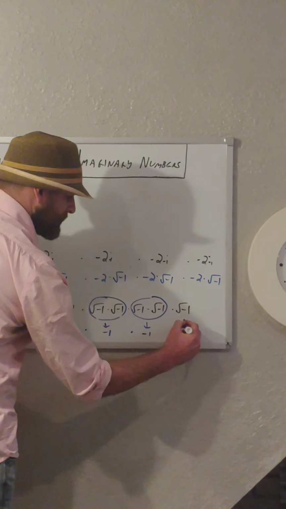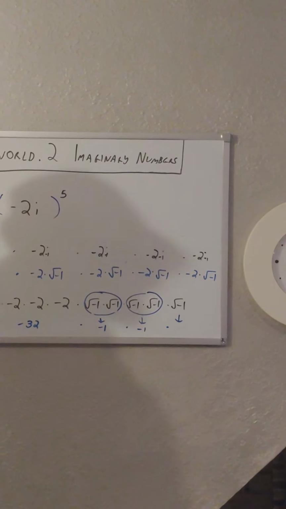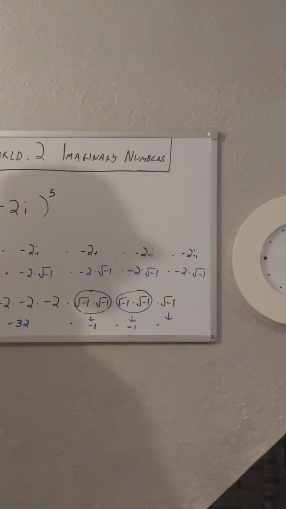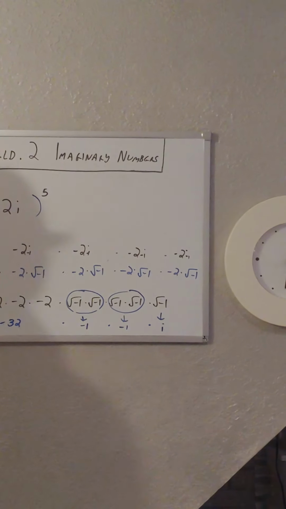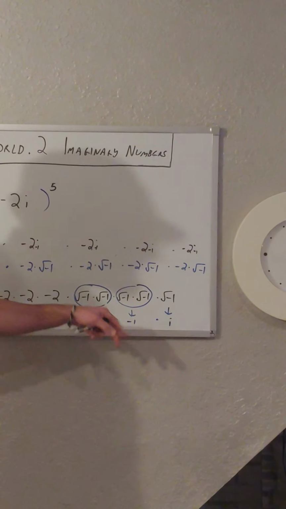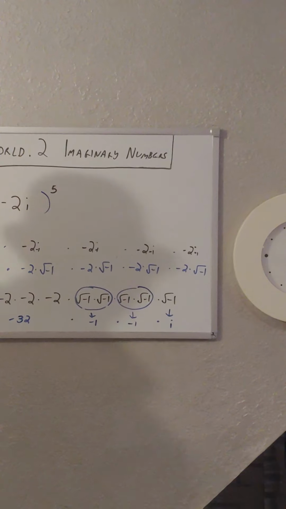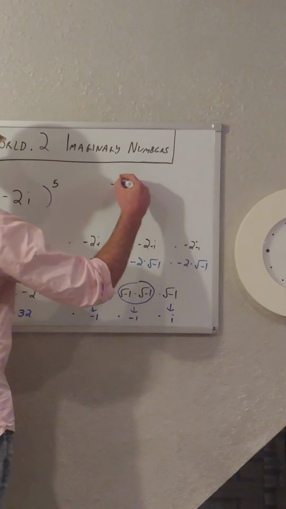And who remembers what to do with this when there's only 1 left over? Change it to i. Change it to i, yep. And now we're going to multiply these together. So negative times a negative times a negative is going to be a what? Negative. Yep, so that's going to be negative 32i as the final answer to that.